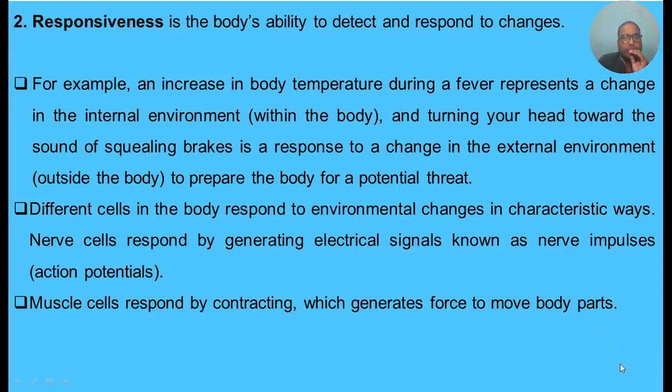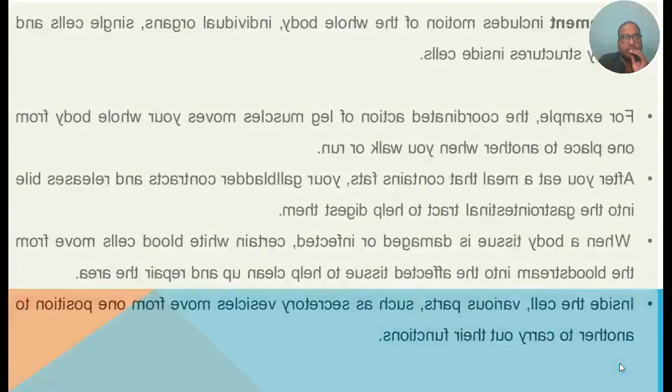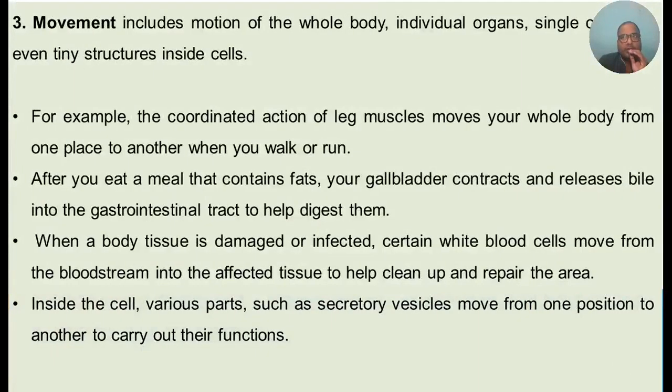Next, we study movement as a feature. Movement is a feature which living organisms have. It includes the motions of the whole body or individual organs, single cells, and even tiny structures inside the cell. These all are studied under movement.